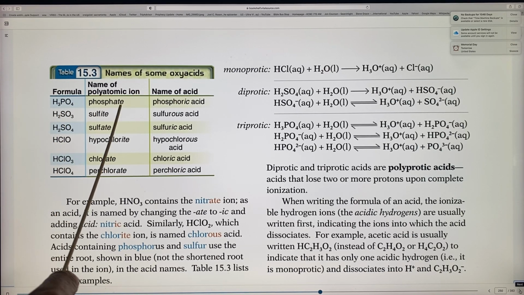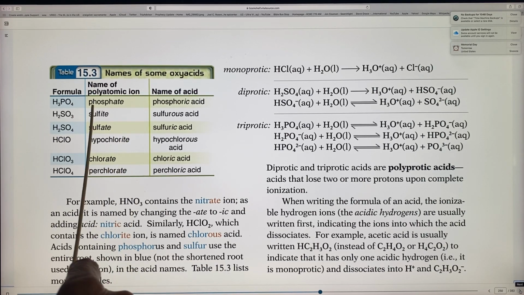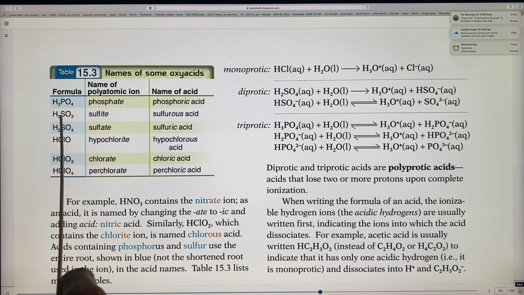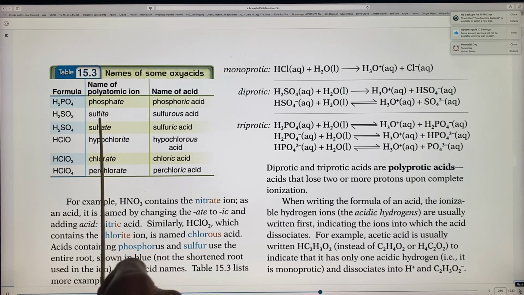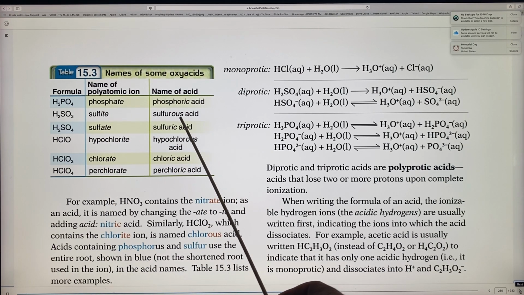It ends in ate, so we change it to ic: phosphoric acid. Now we have sulfite, H2SO3, that's the name of the polyatomic ion. ITE, we're going to call it sulfurous acid. We change the ite to OUS.